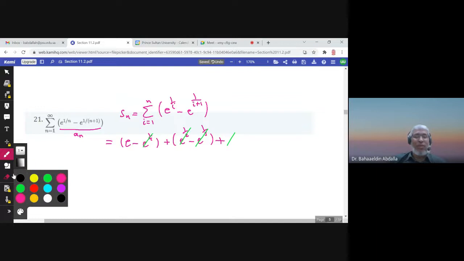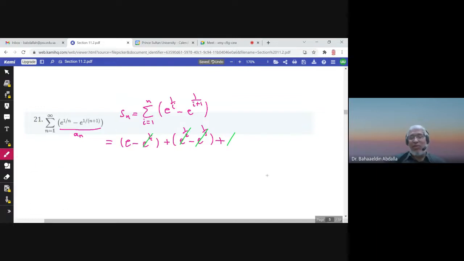Now let us find the last terms. When I is n, I will have e to the power 1 over n minus e to the power 1 over n plus 1. This is when I equals n. Now when I equals n minus 1, I'll have 1 over n minus 1 and n minus 1 plus 1 is n.